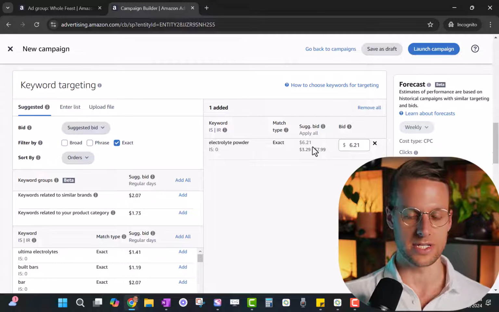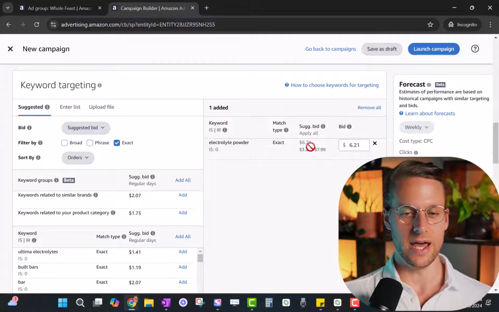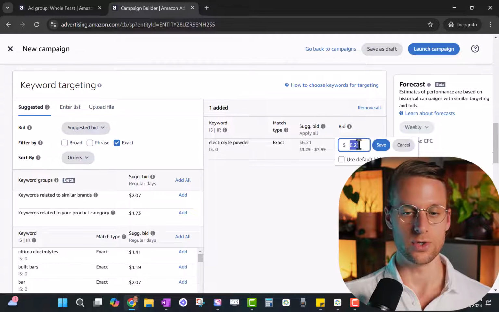Now, in my experience, this suggested bid has a very loose relationship with the actual bid that makes the most sense for that particular keyword. So if I'm not going to use Amazon's suggested bid, what will I input in this bid section here to use as my starting bid? Well, as you can see, when I highlight this box, Amazon actually gives me this default bid.